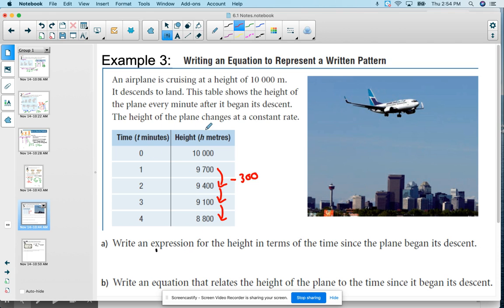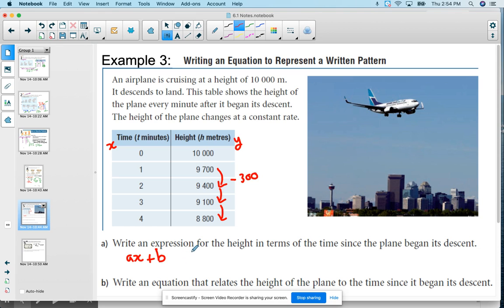So h is my variable given to me, and time, so this is still x and y if you want to think about it that way. So ax plus b. When they ask you for an expression, they're just asking for it without the equals y part. An equation has an equal sign, an expression does not.